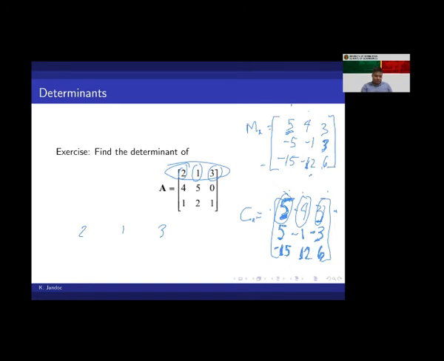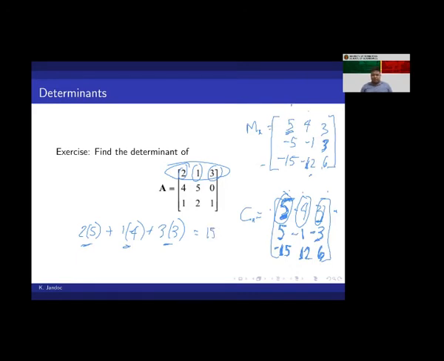Okay? So 2 times 5 plus 1 times negative 4, okay, plus 3 times, what's this one? 3, okay? So what's the sum of this one? So it's 10 minus 4, 6, plus 9. 10 minus 4, 6 plus 9 is equal to 15.